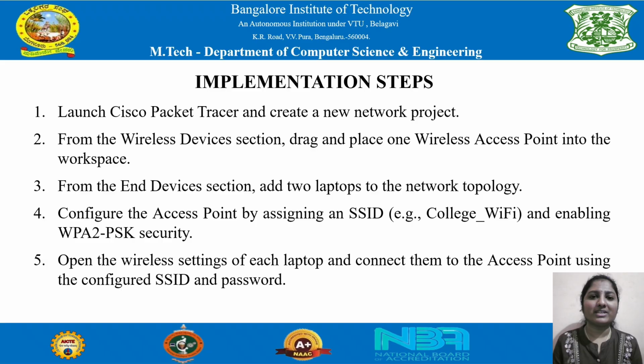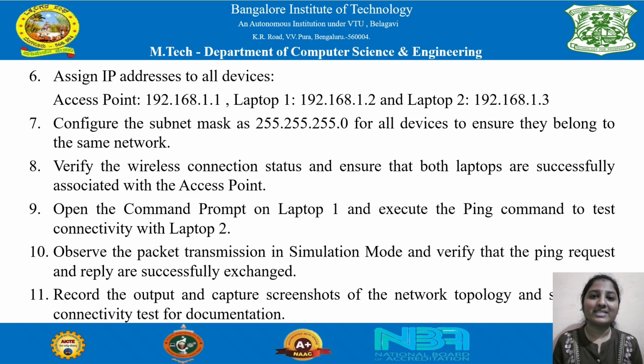Both laptops were then connected to the wireless network using the configured SSID and password. IP addresses were assigned to all devices and the subnet mask was configured so all devices belong to the same network.